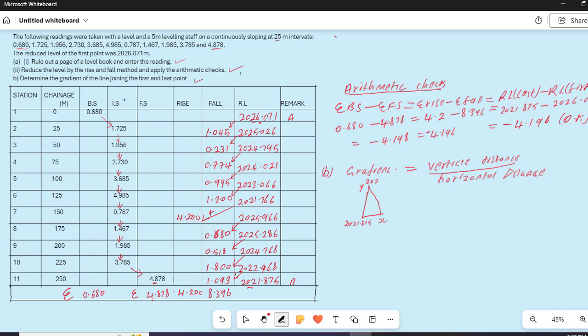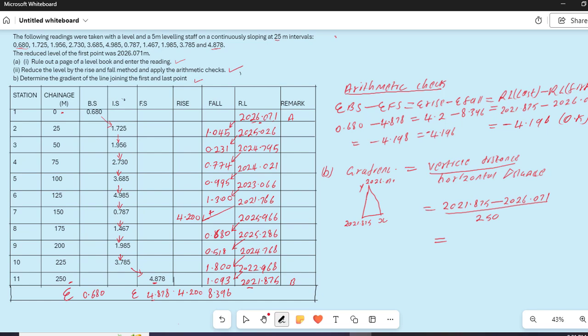That is my vertical distance, so I subtract 2026.071 from 2021.875, and I divide by the horizontal distance. My horizontal distance is from 0 to 250, so the total distance is 250. I already have the answer for 2021 minus 2026, which is negative 4.196.